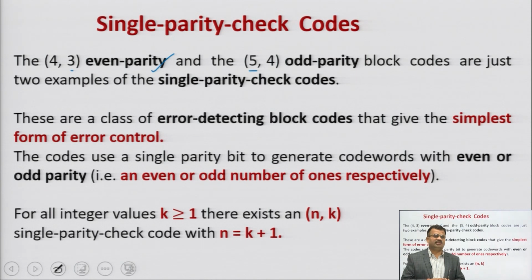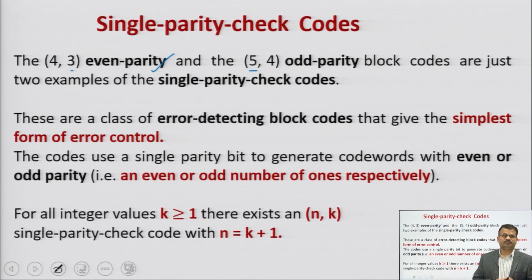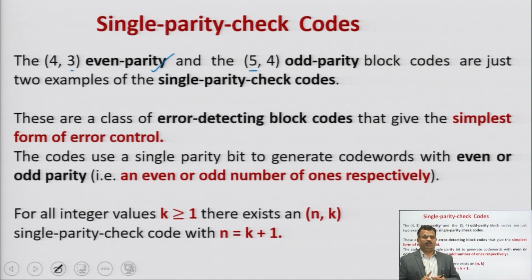So, single parity check codes means what? You are taking your parity bit equal to 1, that will be either in form of even parity or odd parity. Even odd parity means the number of ones. For all integer values k greater than or equal to 1, there exists an n comma k single parity check code.